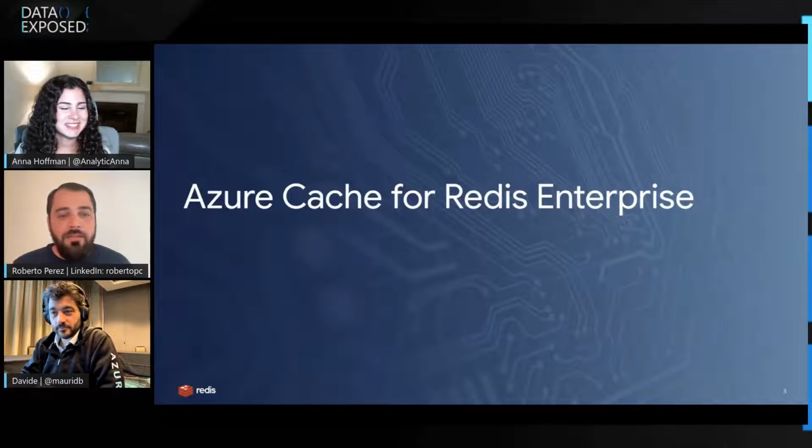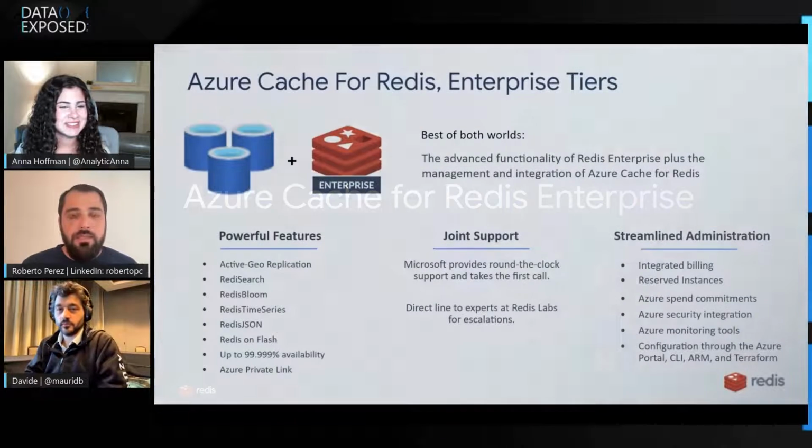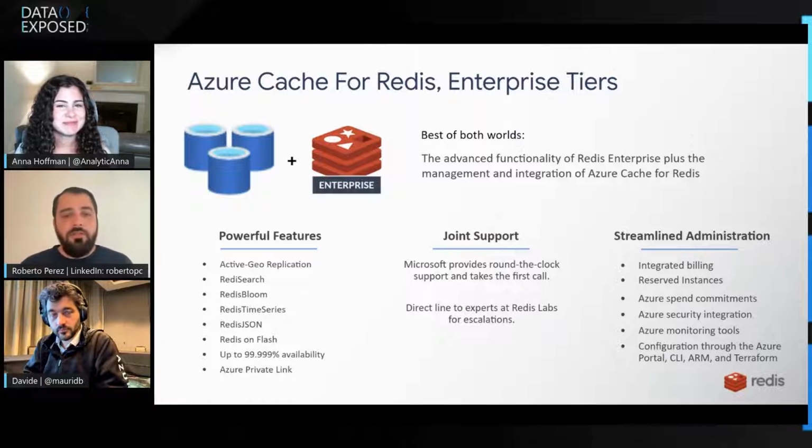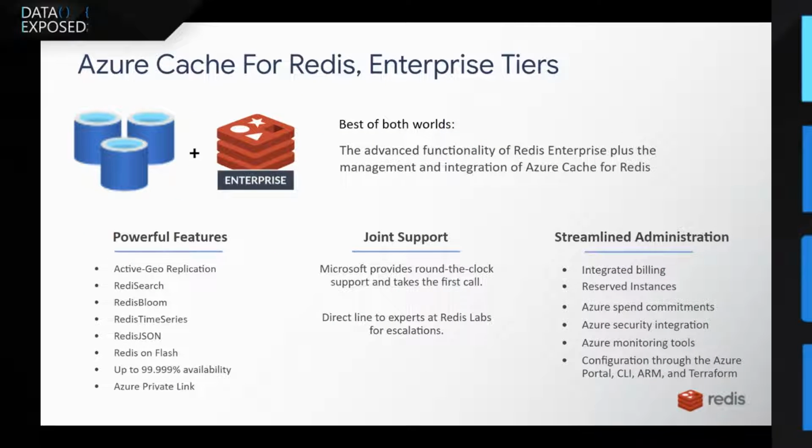Yes, definitely. Azure Cache for Redis Enterprise is a partnership. Redis and Microsoft have a partnership where senior engineers from Redis and engineers from Microsoft work together to create this amazing product. With Azure Cache for Redis Enterprise, you have active geo-replication. You will be able to use the modules: RediSearch, RedisBloom, time series, and JSON.